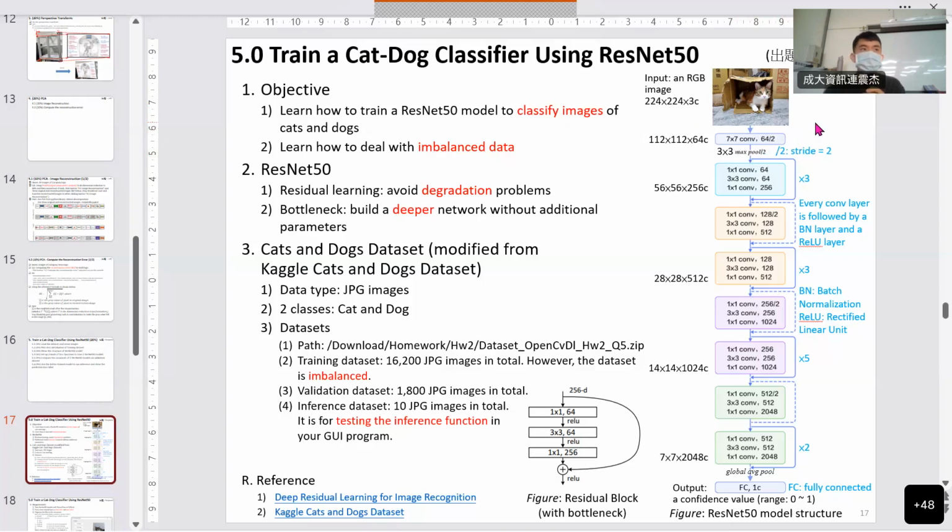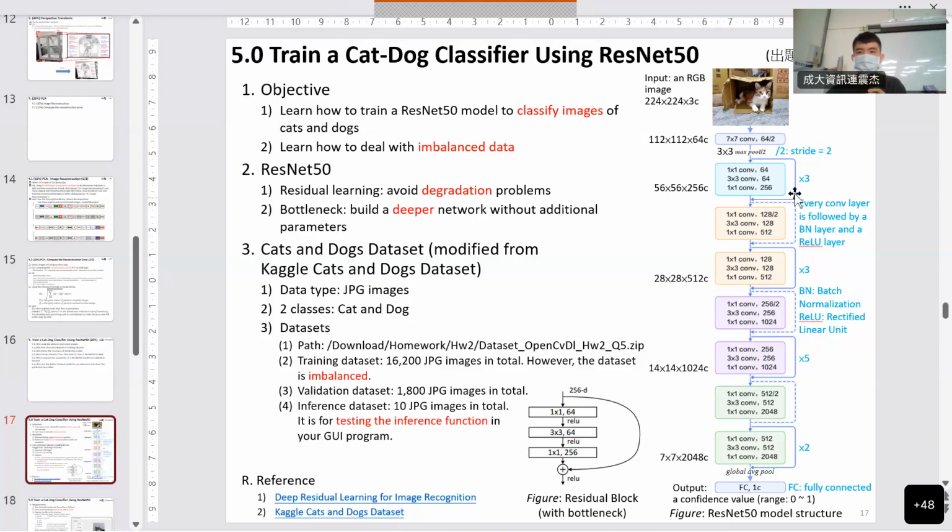The stride 2 is used to downsample the feature maps, so we will get 112 by 112 by 64 channel feature maps. After this convolutional layer, we go to a 3 by 3 max pooling layer with stride 2 to downsample further. And then we go to 4 sections of residual blocks.